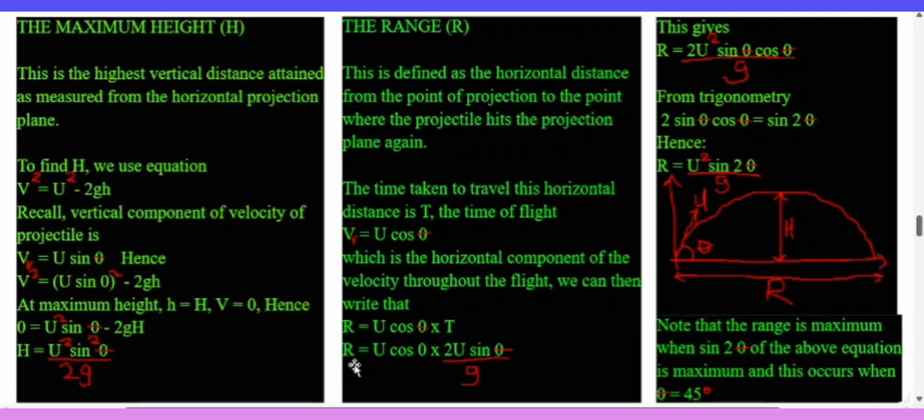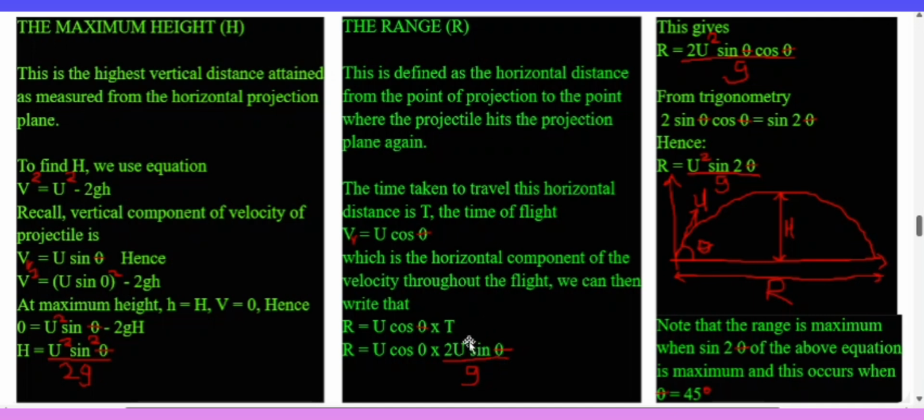So R is equals to u cos theta times 2u sine theta, all divided by g. I hope you remember where we got this from. We have derived an equation before in terms of our time of flight, capital T.